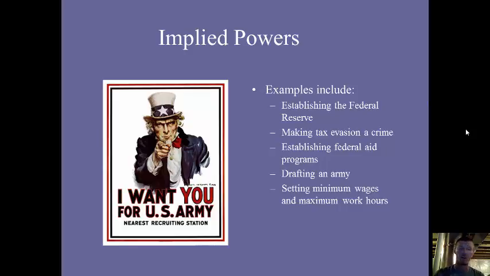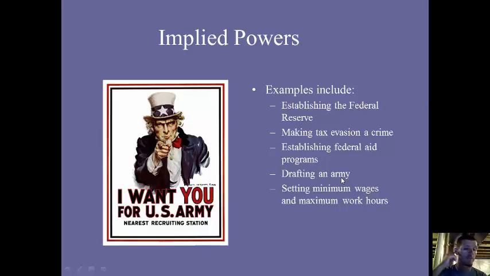Congress took it upon itself to create these programs in order to help the country out, help out those that needed that assistance. So creating federal aid programs or any other federal aid program that comes about, the Affordable Care Act, we call it Obamacare, that's something that Congress created. It wasn't given the power in the Constitution, but it's implied that they're able to do these things.